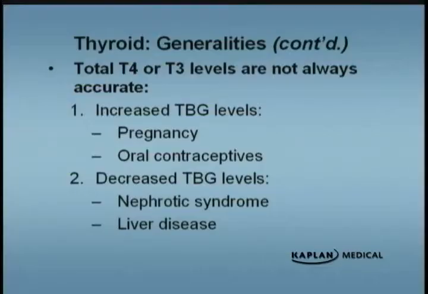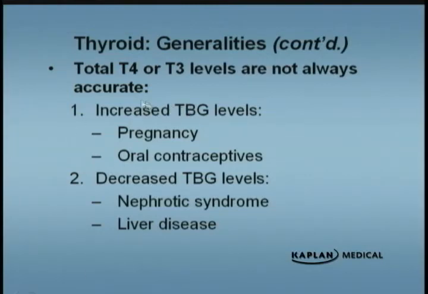And then we want to also talk a little bit about the total T4 or total T3 levels, and they're not accurate. I told you this because you increase your albumin and your protein and your thyroid binding globulin, and your total T4 increases in this case, because remember, total T4 is T4 plus albumin plus protein.